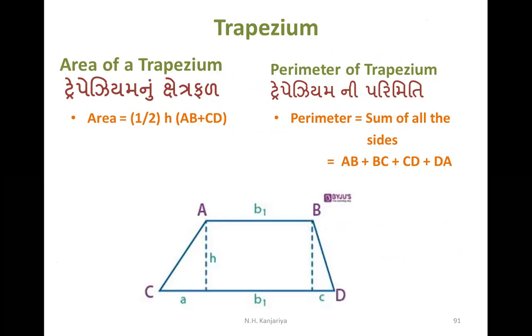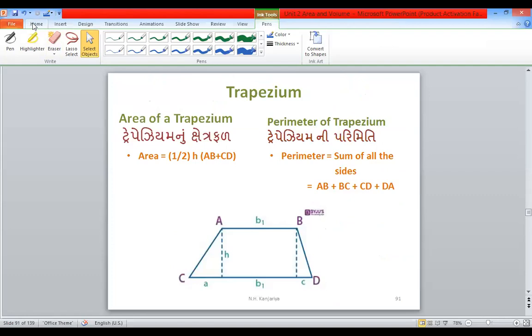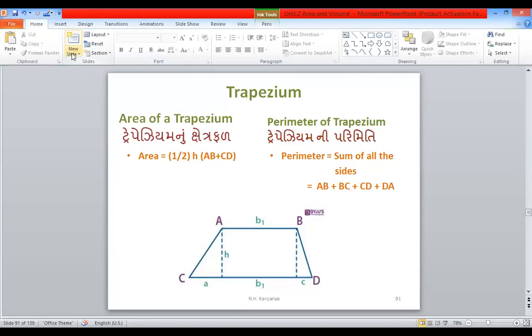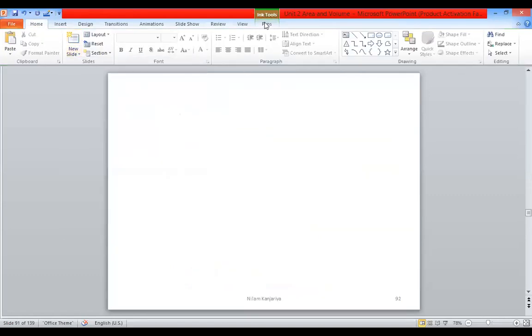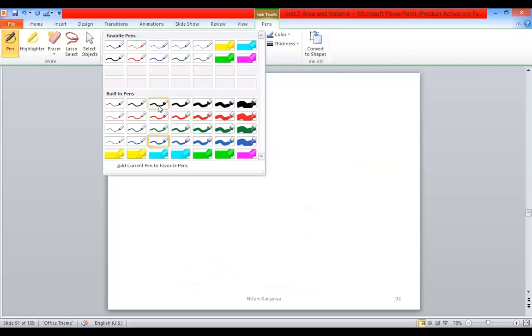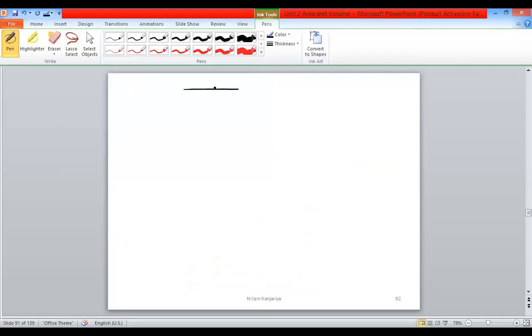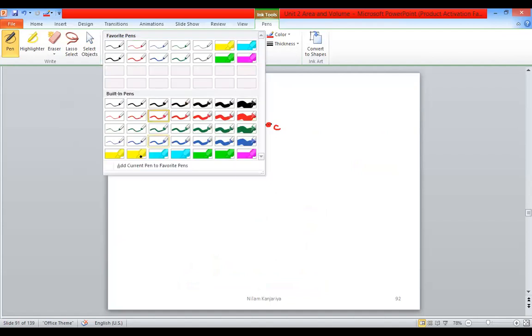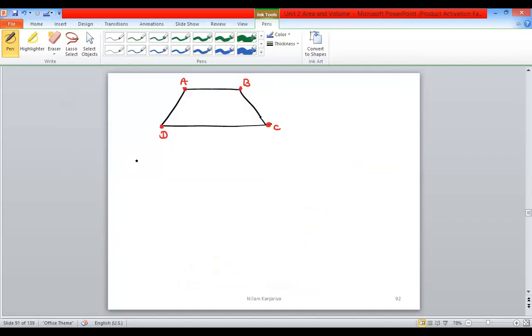How? Let me explain. First of all, I'm taking one slide for you. Look here. This is your trapezium. It has 4 vertices. You can put ABCD anywhere and start anywhere. Perimeter is just the sum of all sides.